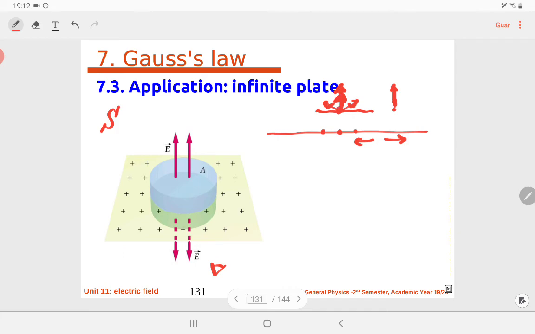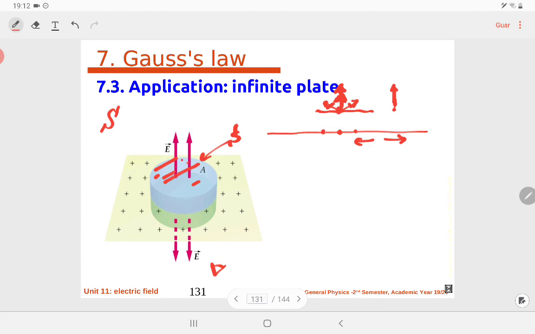So the best surface to apply Gauss's law is the one provided here in blue, which is a cylinder with an area A on the lids. Okay, why? Because in this area of the lid, the electric field is always going to have the same magnitude and direction, which is perpendicular to the lid at each point.